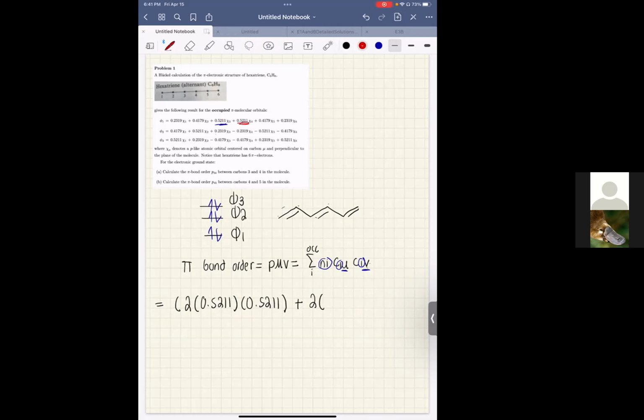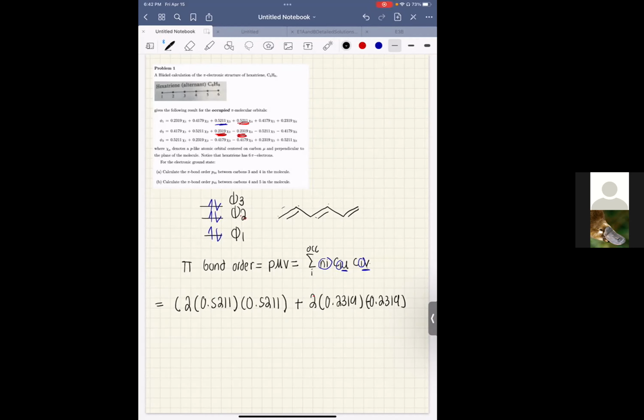Then we do the same thing: 2 times the coefficient of electron 2, because we have 2 electrons in the second orbital this time, and then another coefficient, 0.2319 times 0.2319. It's going to be a negative, actually.